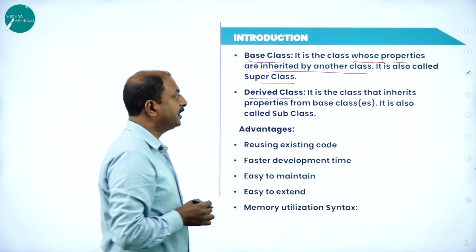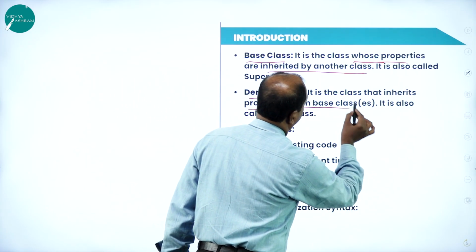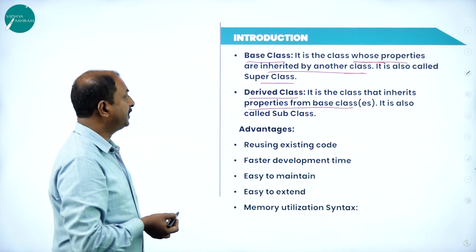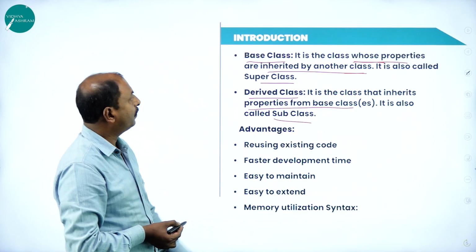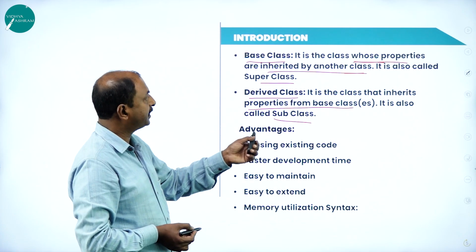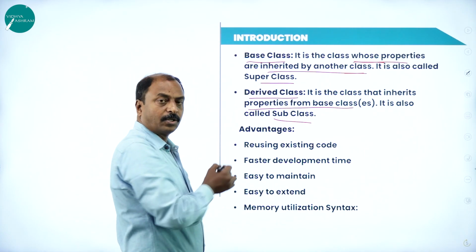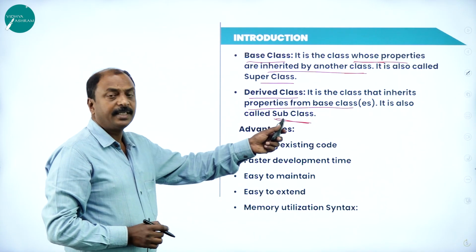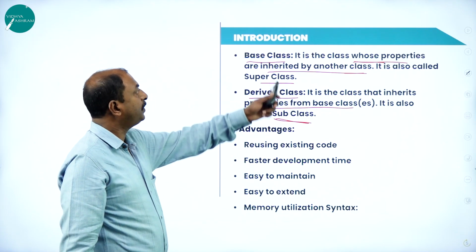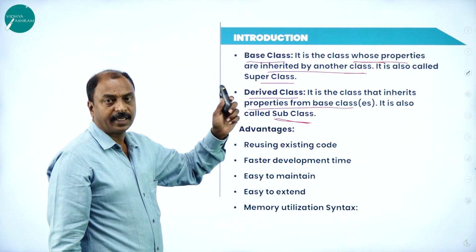A derived class is the class that inherits properties from the base class or classes. It is called a subclass. So here there are two classes: the base class, also called the superclass, and the derived class, also called the subclass. The derived class acquires the properties from the base class. This is the parent class and this is the child class.